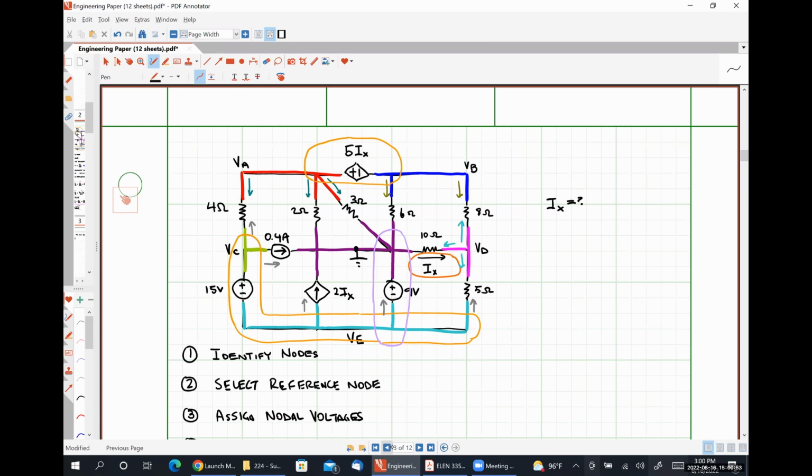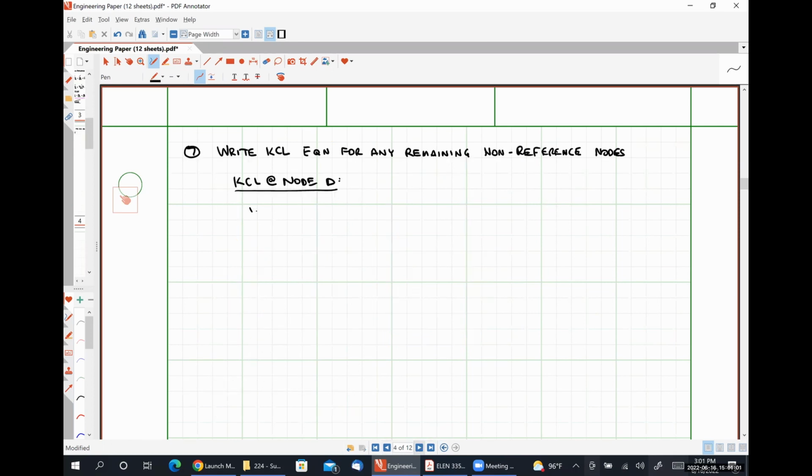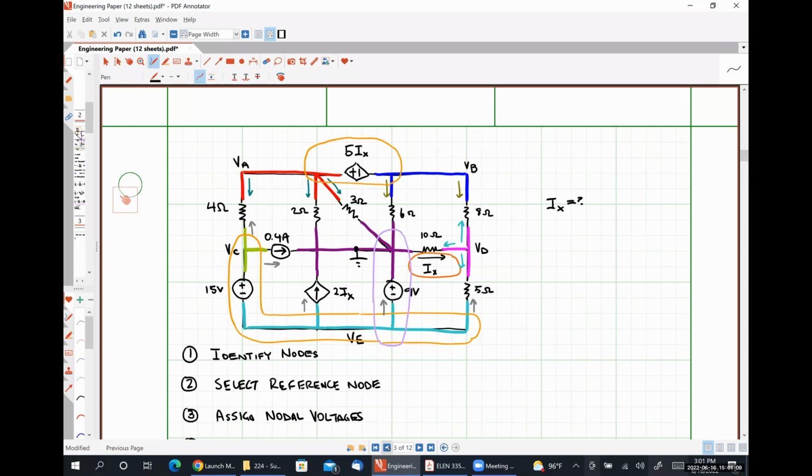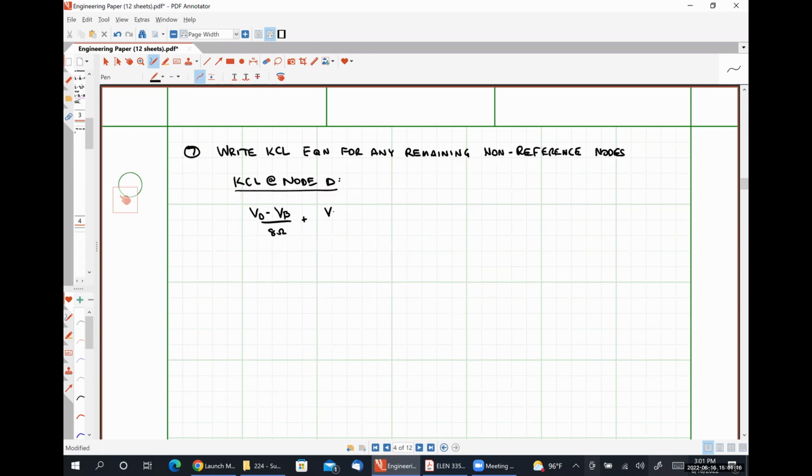And let's look back here. So we're going to have a current flowing up, VD minus VB over 8 ohms. We're going to have a current flowing to the left, which is going to be VD minus 0 over 10 ohms. And we're going to have a current flowing down. Sorry, I went the wrong direction.